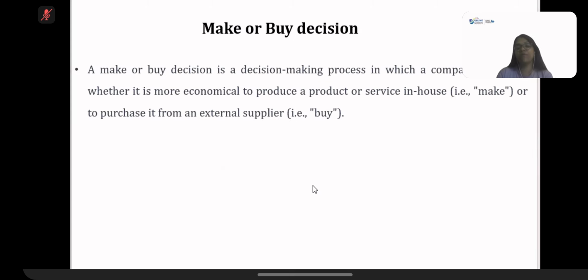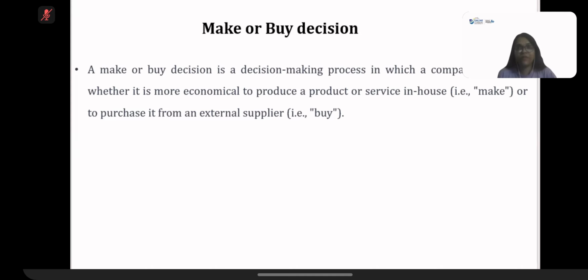Then comes your make or buy decision. Now, when you talk about make or buy decision, क्या समझ आता है आपको कि हमें वो प्रोडक्ट को खुद कंपनी में बनाना चाहिए या बाहर किसी सप्लायर से खरीदना चाहिए, ये डिसीजन लेना. तो जब कंपनी ये चीज सोचेगी तो ऑब्वियसली वो अपना कॉस्ट देखेगी कि कंपनी के अंदर बनाने में ज्यादा फायदा हो रहा है कि बाहर से खरीदने में मुझे प्रॉफिट भी हो रहा है और मेरा टाइम भी बच रहा है.